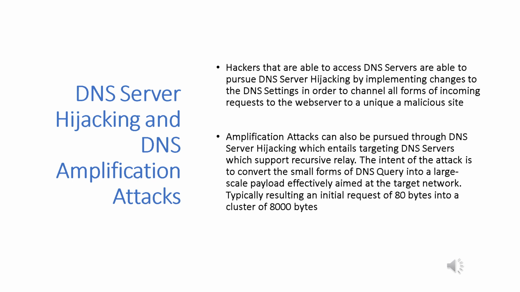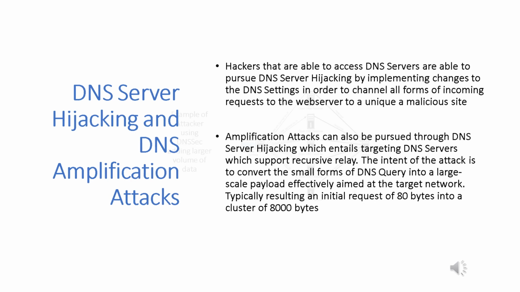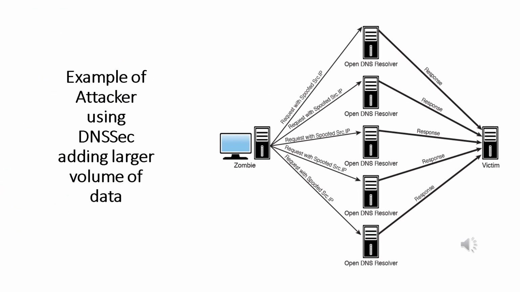Now, the intent of this attack is to convert the small forms of DNS query into a large-scale payload effectively aimed at the target network, typically resulting in an initial request of 80 bytes into a cluster of 8,000 bytes. This is an example of an attacker using DNSSEC, simply adding larger volume of data.